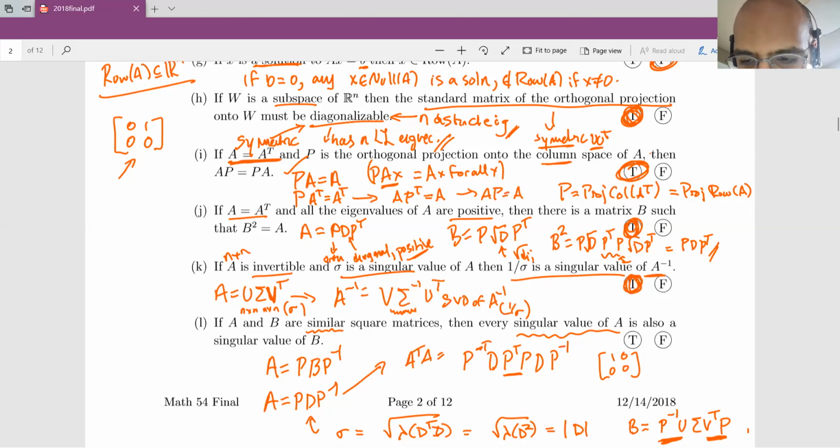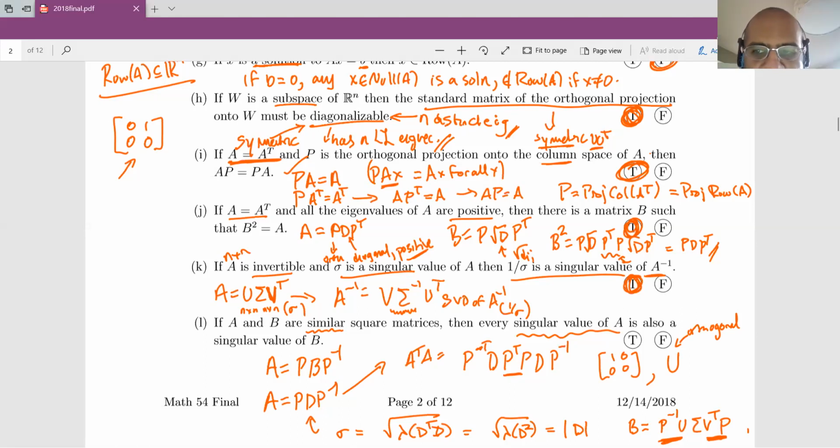Or another route to go with this is you could start with orthogonal matrices. What are the singular values of an orthogonal matrix, by the way? Anybody know? Is it the norms of the columns?